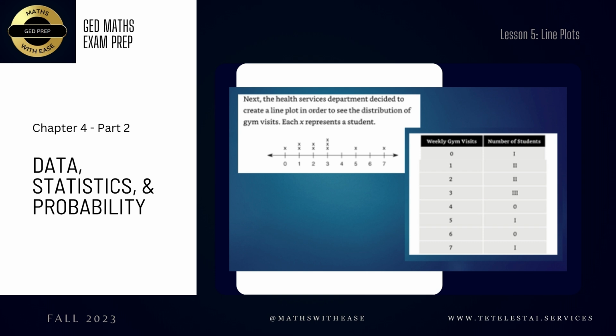You can also see the data range extends from 0 visits per week to 7 visits per week. No student visits the gym more often than 7. So the data point showing the student who visits the gym 7 times per week is the outlier. That just means a data point that is distant from where most of the data is clustered.